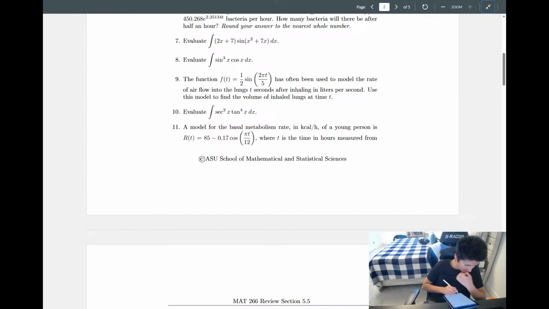Hmm. Here. Mhm. Cosine of pi, that's got to be 1. Right, I believe that's her answer.